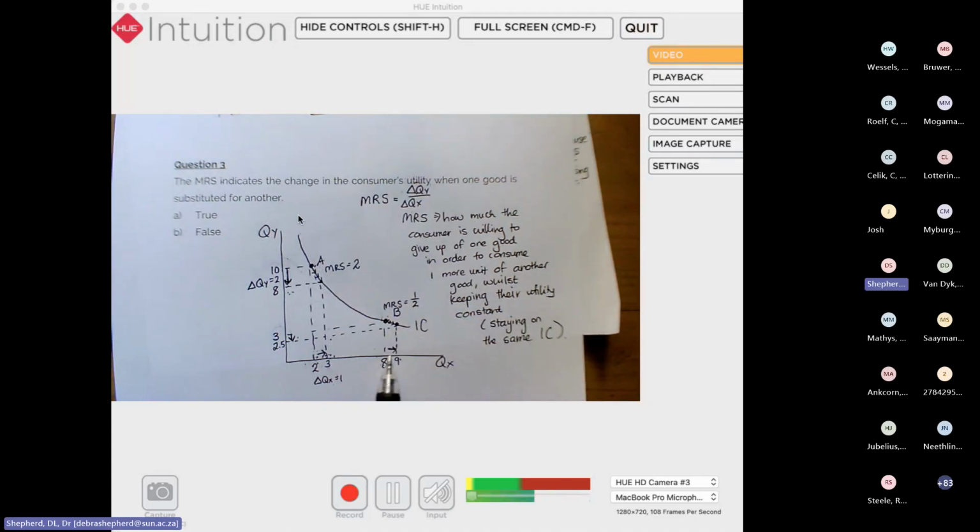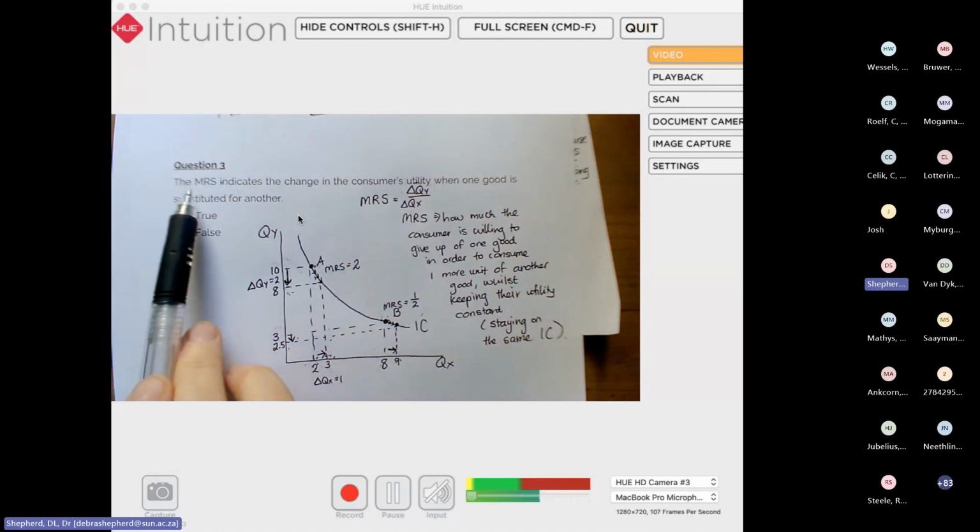My change in X is 1, and my change in Y is a half. So my MRS lower down my indifference curve is smaller than my MRS higher up. I really wanted to do this question so that I can explain to you where the MRS values come from. It's because as something becomes more scarce to us, we are less willing to trade it away to get something else.